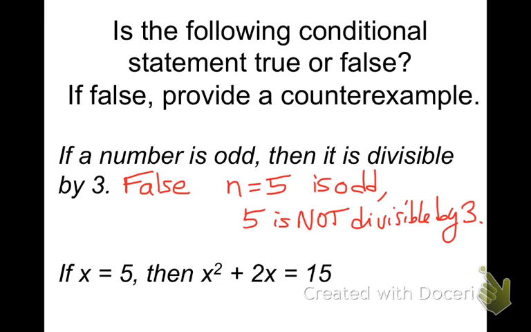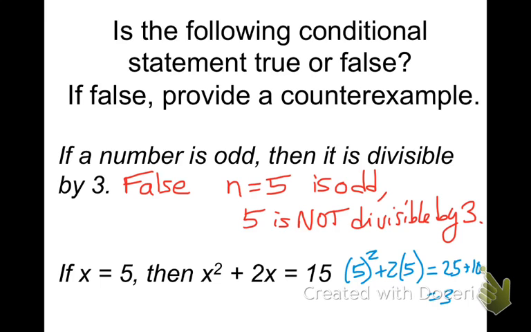Another example, if x equals 5, then x squared plus 2x equals 15. We need to do a little computation to see if it's true or false, so let's do x is 5, so 5 squared plus 2 times 5. 5 squared is 25. 2 times 5 is 10.